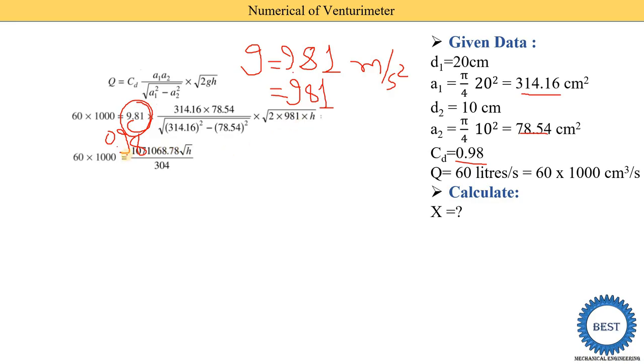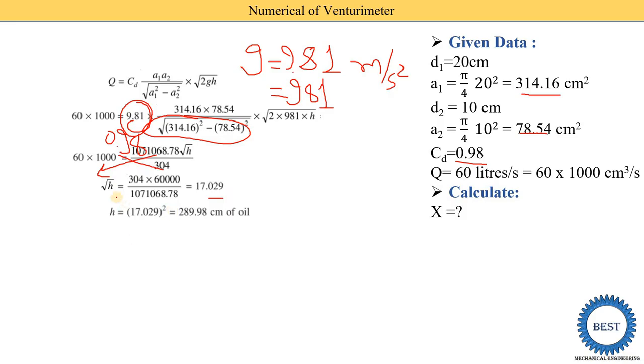So we get this answer 1071068.78, and also calculating the other value, we get the answer 304. Then further we calculate: we shift this 304 to the left side, so it is going to the multiplication, this side is going to the division, and we get under root of H is equal to 17.029.